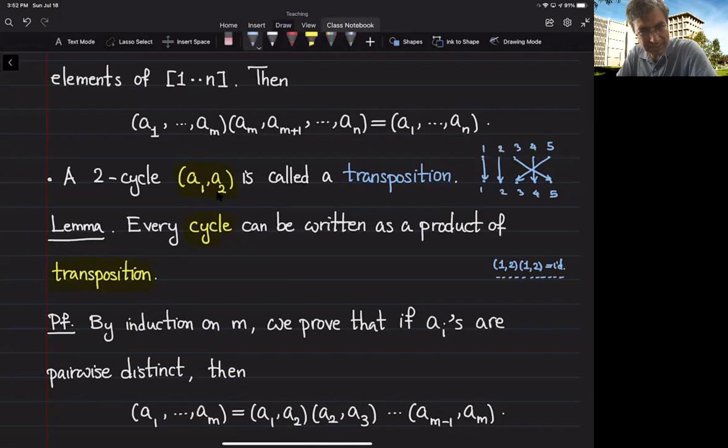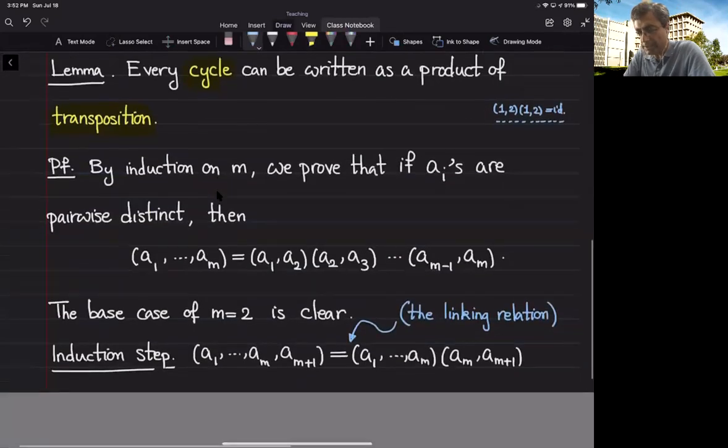So I don't consider the identity in the following argument, and then I start talking about two-cycles and continue like that. So again, I'm going to work with m-cycles where m is at least 2, because when m is 1, I'm talking about the identity permutation, and the identity I just discussed how we can write as a product of two transpositions.